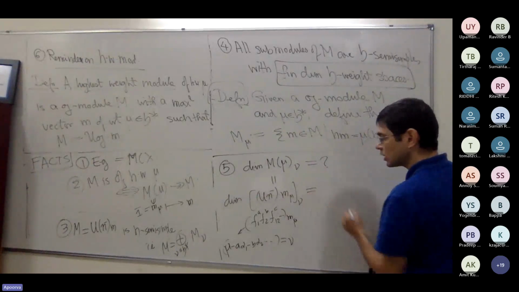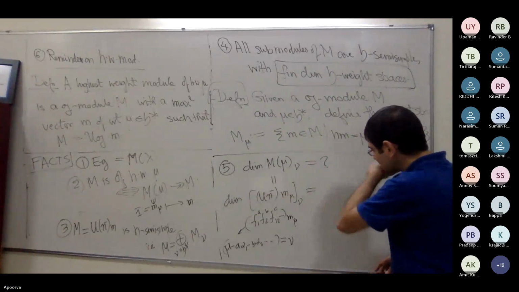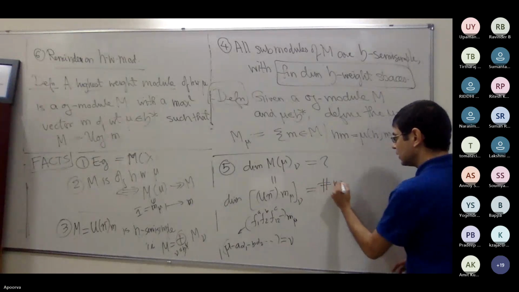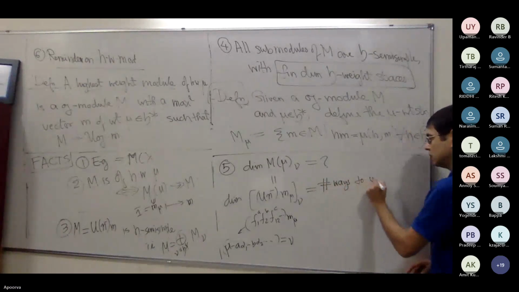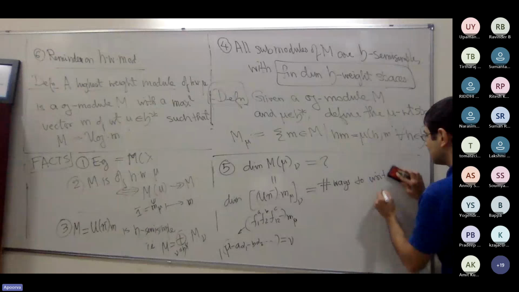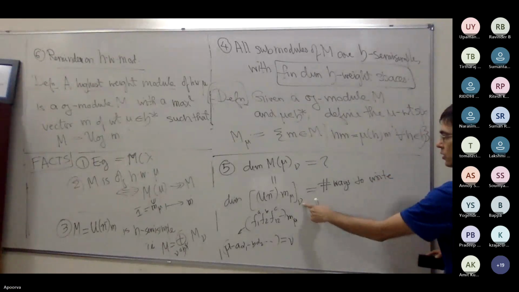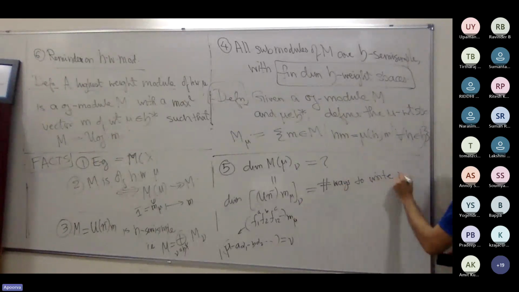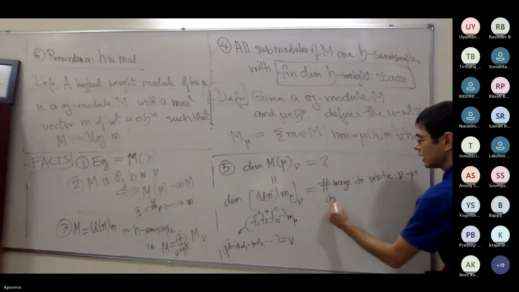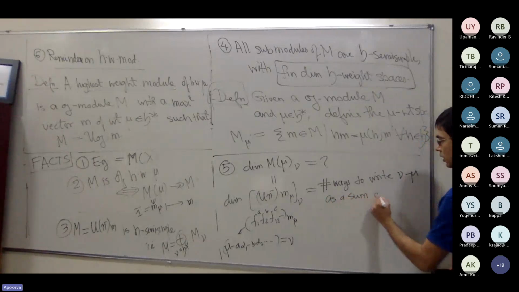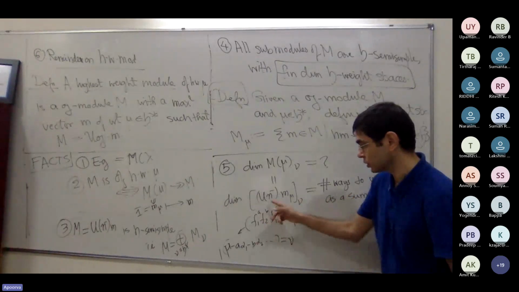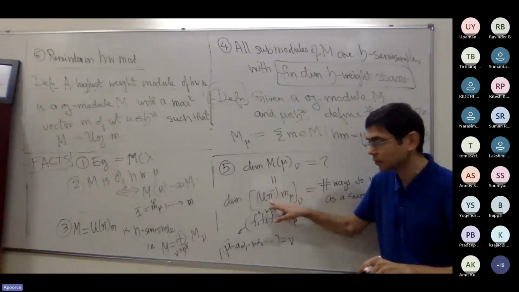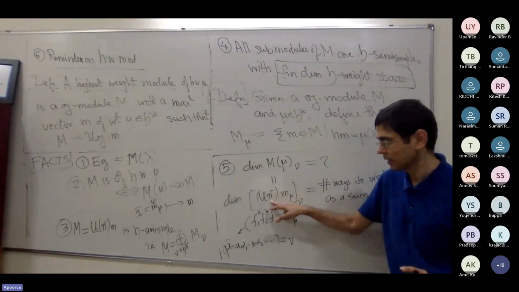And that is called the Kostant partition function. This is the number of ways to write lambda minus mu as a sum of negative roots. And now not just negative simple roots. N minus has all the non-simple root spaces as well as the simple root spaces, everything.